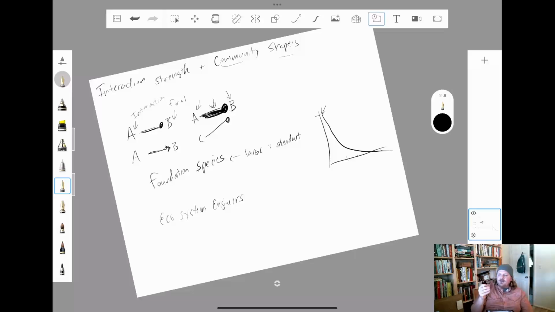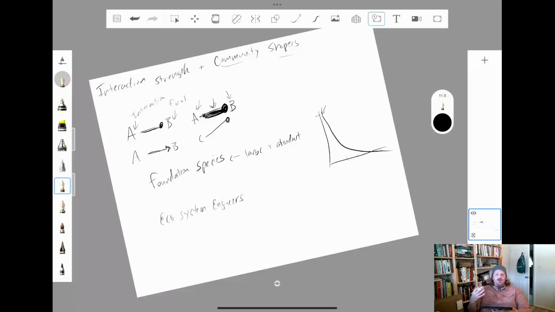But ecosystem engineers don't have to be that dramatic, right? This is a great case because it's very dramatic and everyone knows it. But we talked about nurse plant effects, for example, right? Where a given plant may shade the soil around it and create a microhabitat that facilitates the germination of other seeds. In that case, that plant is an ecosystem engineer.